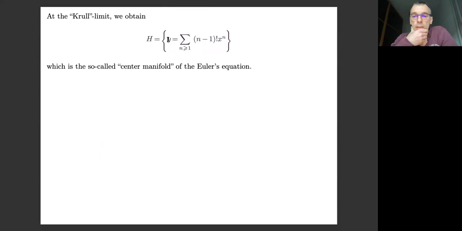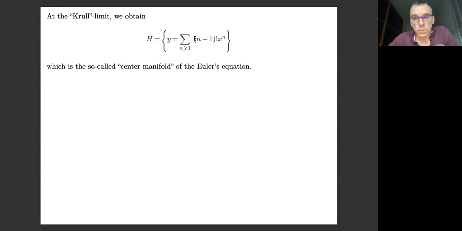So I think some of you know this is the so-called center manifold of the Euler equation, right? So this should play the role of the maximal contact surface, at least if you try to interpret this procedure in a, let's say, more or less naive way.